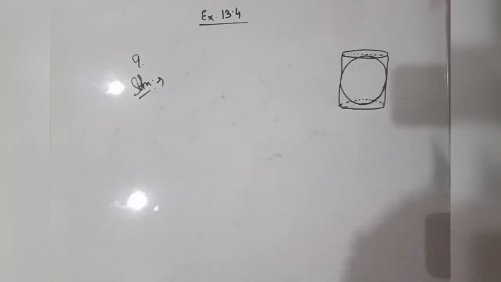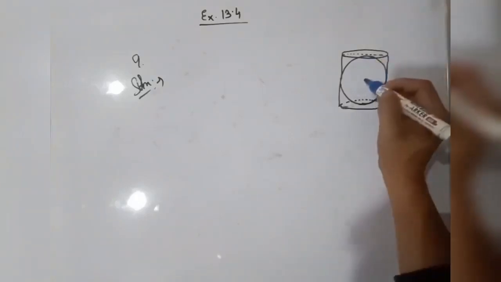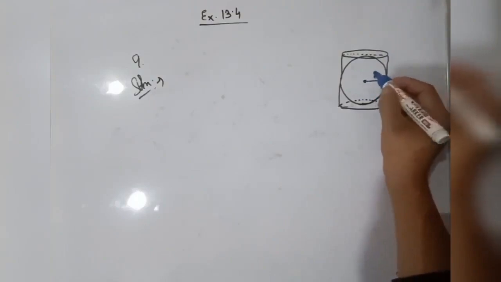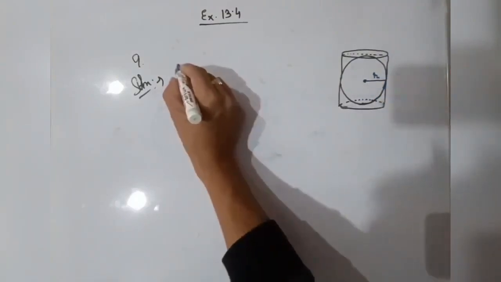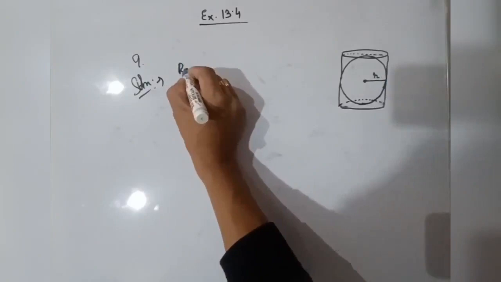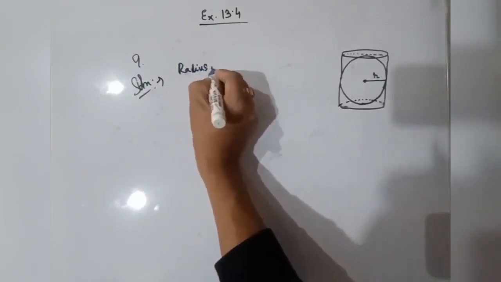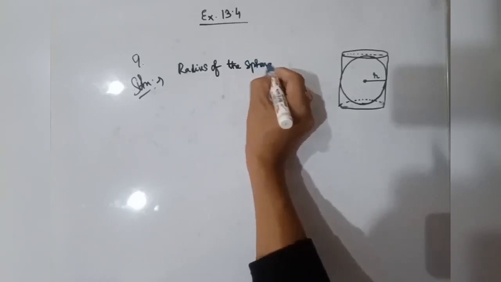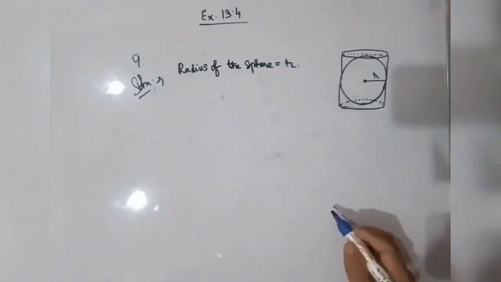So in the question it is mentioned that a right circular cylinder just encloses a sphere of radius r. So the radius of the sphere is r.